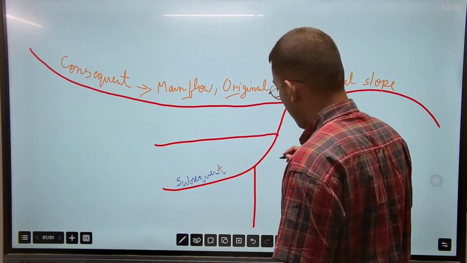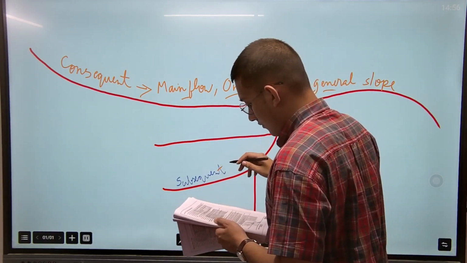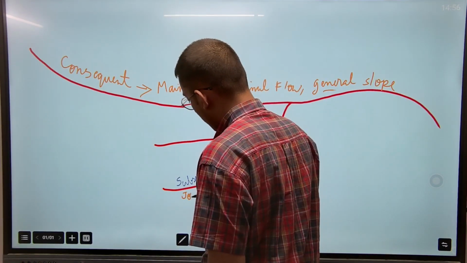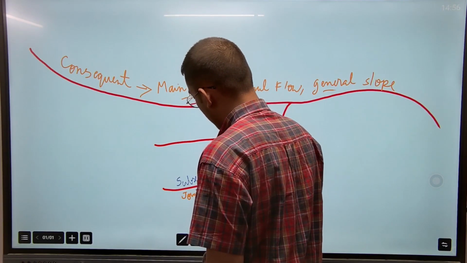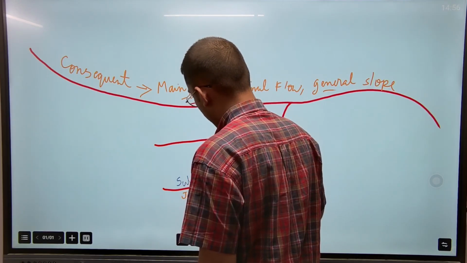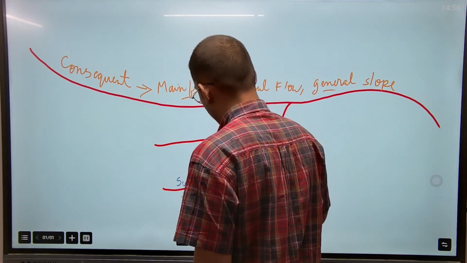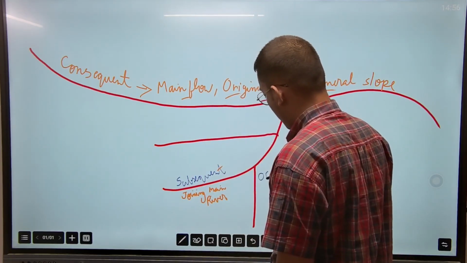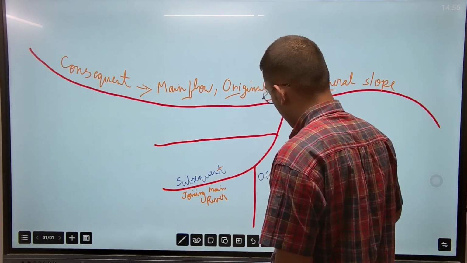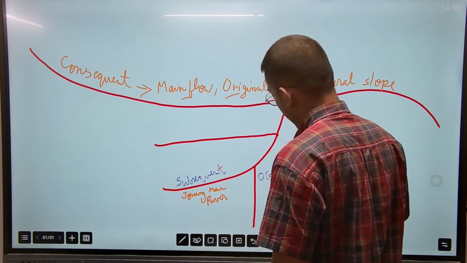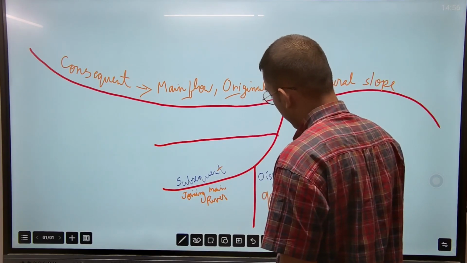The words here will be joining the main river. Right? Then we get obsequent. The only thing to remember in obsequent is that it joins subsequent at 90 degrees.